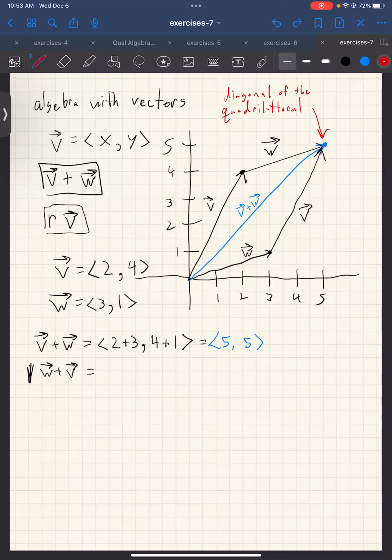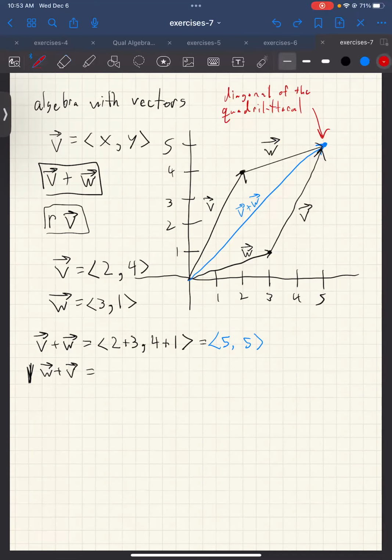But v plus w is that longer diagonal. Two diagonals are either the same size or one of them is bigger than the other, and v plus w would always end up being the bigger diagonal there, I believe. Either way, it is this vector in the shape. So that's the geometric interpretation of adding our two vectors together.